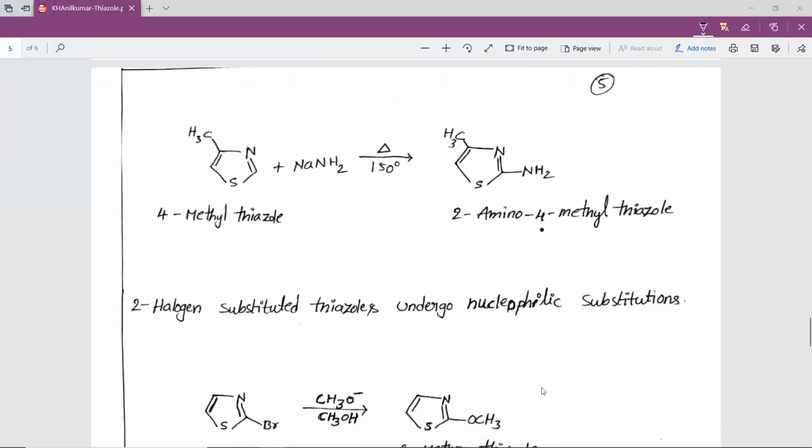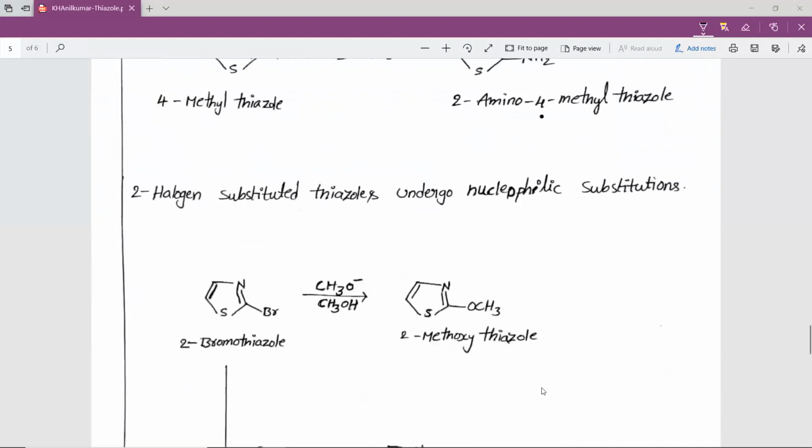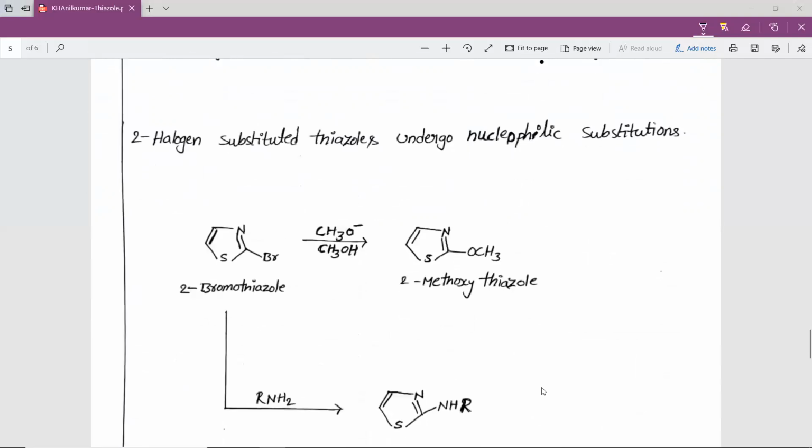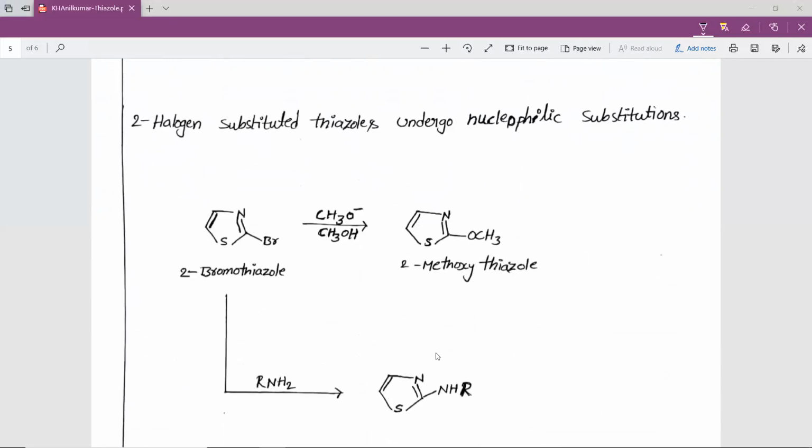Similarly, 2-halo substituted thiazoles undergo nucleophilic displacement reactions or nucleophilic substitution reactions. Here we can see 2-bromothiazole, when treated with ethoxide ion, forms 2-methoxythiazole by displacing this bromine atom. So bromine is a leaving group here.